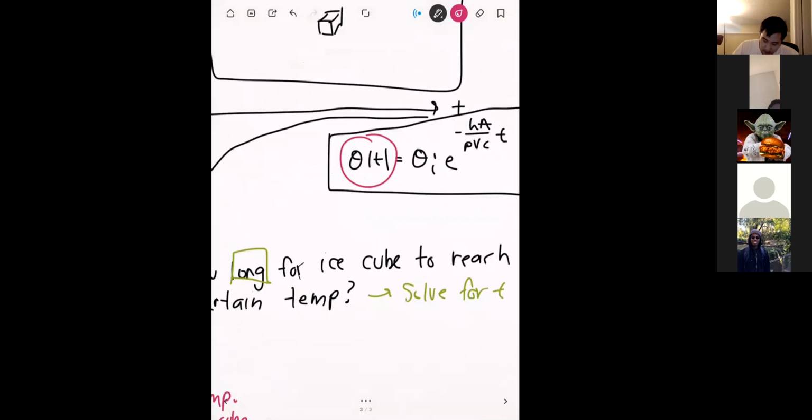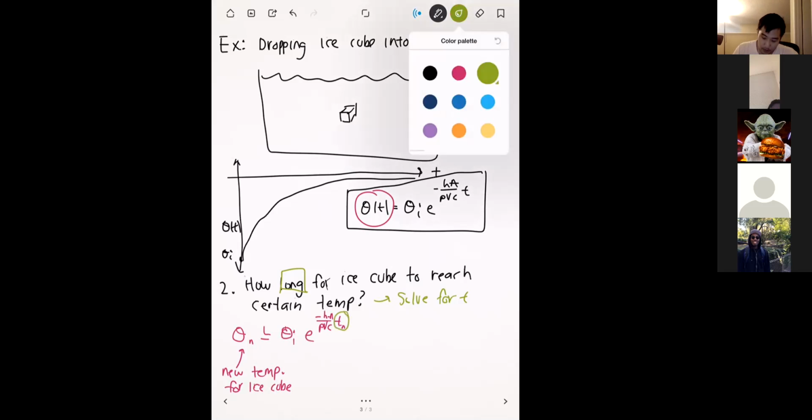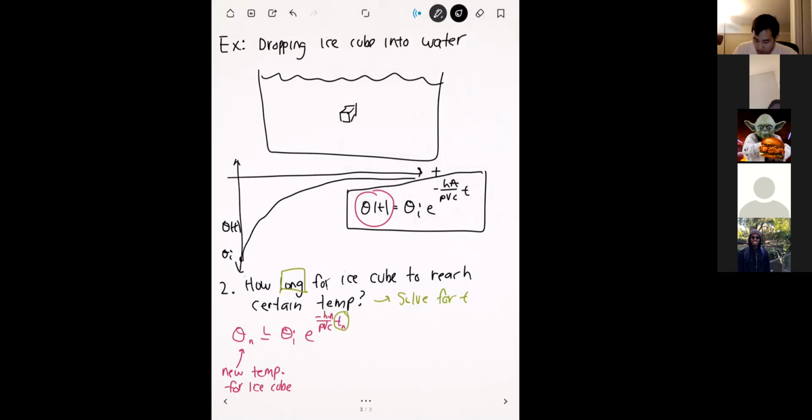And so we're going to set this equal to our equation here. So we're going to set it equal to theta i e to the minus hA over rho Vc t, and then we're going to solve now for tn right here. Okay. And so from here, it's just working out the algebra. So let's go ahead and divide both sides by theta i.